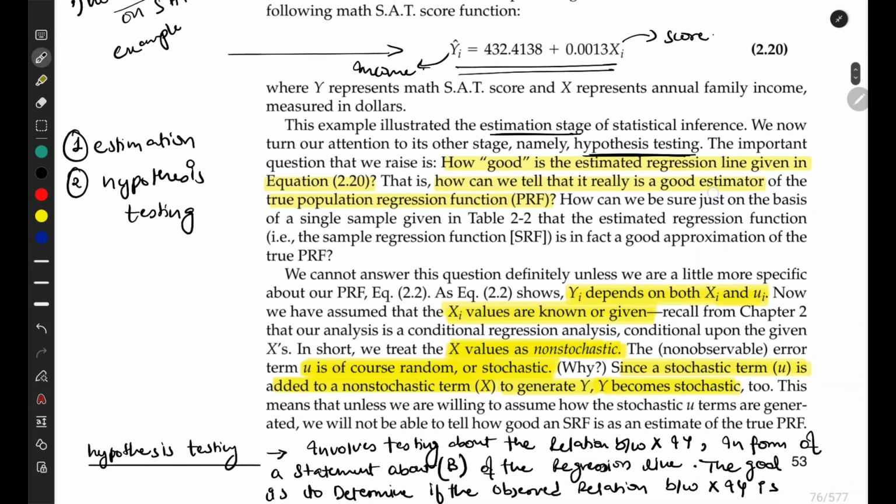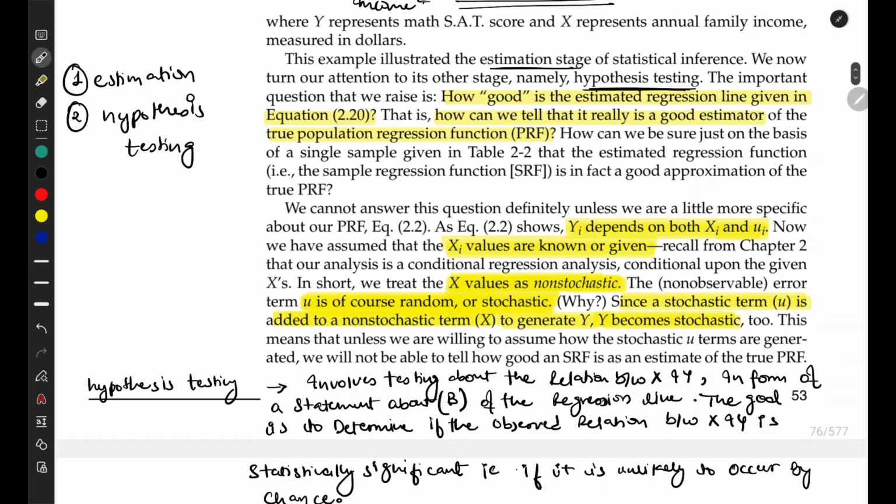Moving ahead, as we saw in the previous video, the y's, the income values, are dependent on your xi's, that is your scores.